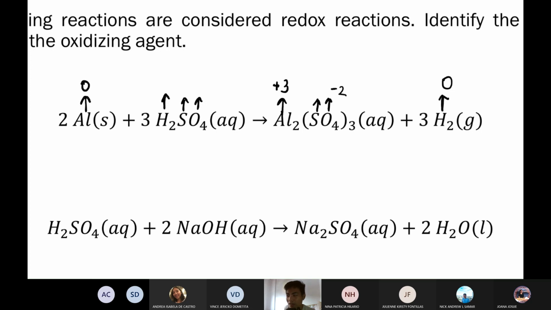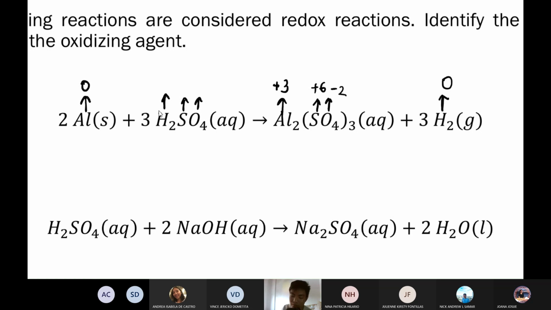Paano ko nakuha yung ganong numbers? Okay? So, that will be 4 times negative 2 plus x. Okay, so sulfur is positive 6. Positive 6. Okay. So again, paano ko nakuha yan? Practice nyo na lang. Okay.